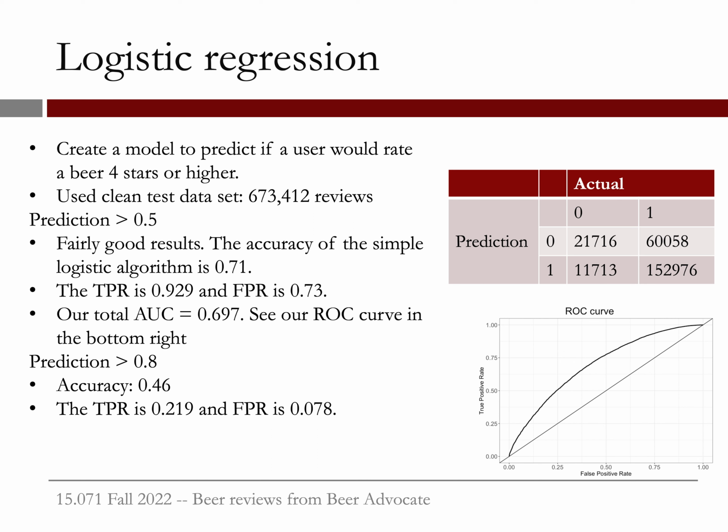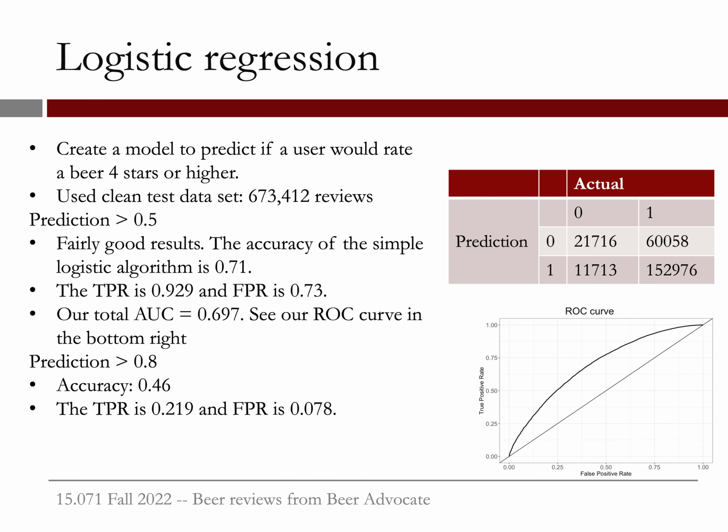In running the logistic regression, we tried to see if a user would rate a beer 4 stars or higher. We used the clean data set that I mentioned on the last slide with 673,000 reviews. Initially, we just tried our prediction threshold at 0.5 with fairly good results. We got an accuracy of about 0.71 with a true positive rate of 0.93 and a false positive rate of 0.73.